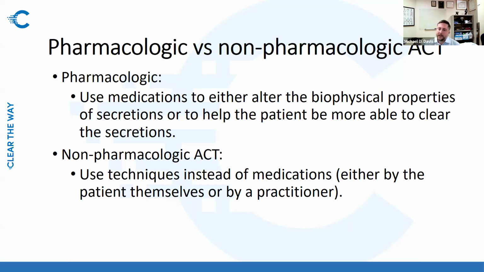And with the techniques, again, it's not drugs, but we use different techniques that we either have the patient use themselves, or we have practitioners or family members or friends use on patients to, again, help get those secretions loose, moving around, up and out.